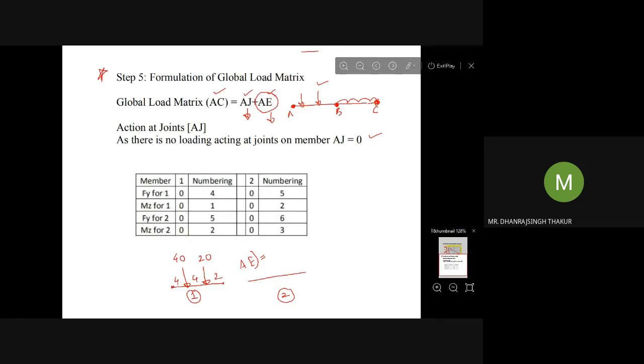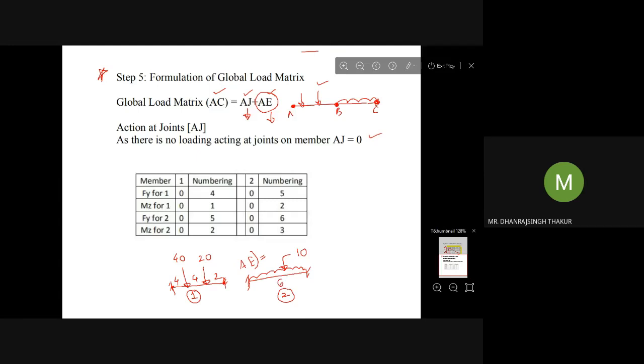Okay, and each member we will consider as a fixed beam. We will consider this as a fixed beam, and we will convert that member loading to the joint loading. Okay, so this is the loading on the second member, that is 10 kilonewton per meter, and the length of the member is 6.